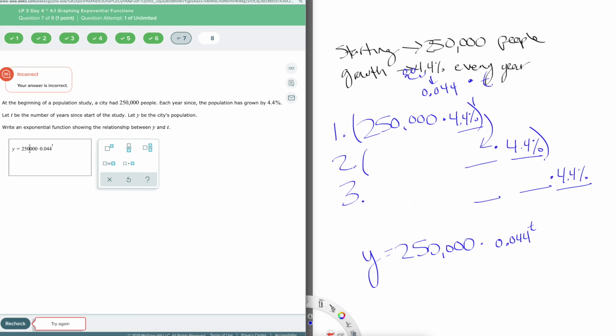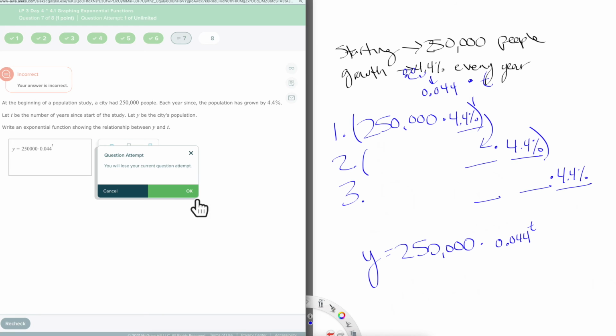I wonder if it doesn't like the decimal. No, that's good there. What am I missing? Well, let's see. I'm missing something here.